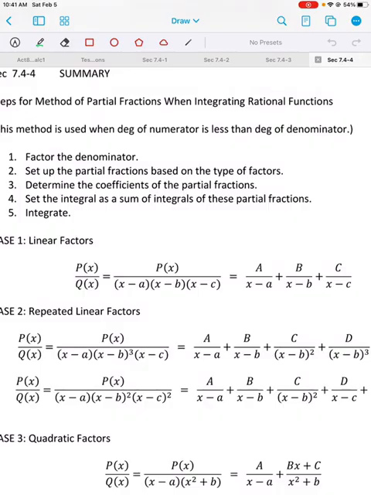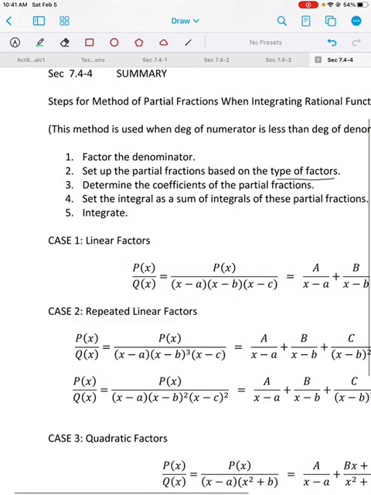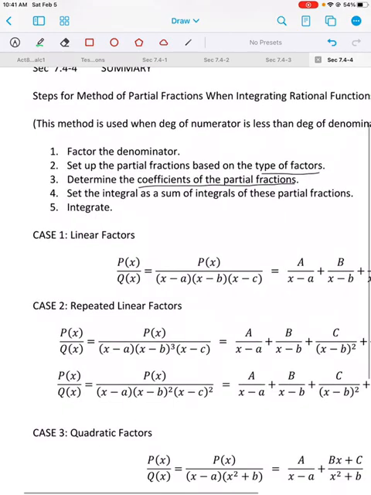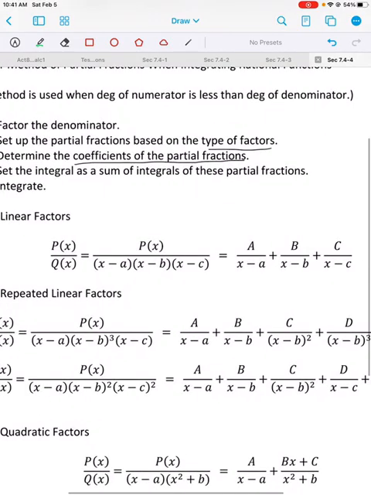Then you should set up the partial fractions based on the type of factors in the denominator, or in other words, based on the cases. Then the next step is to determine the coefficients of the partial fractions. And the next thing is you will set up the integral as a sum of integrals of these partial fractions, and then you will integrate using your methods learned.